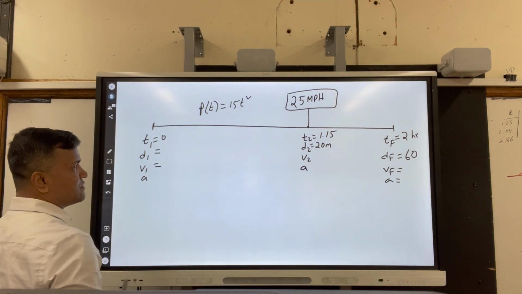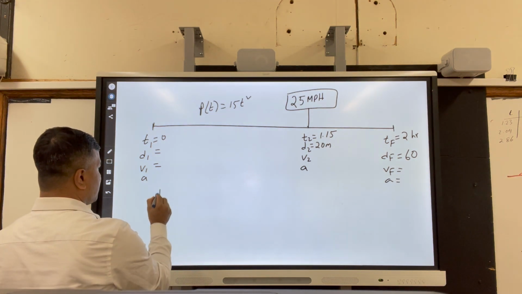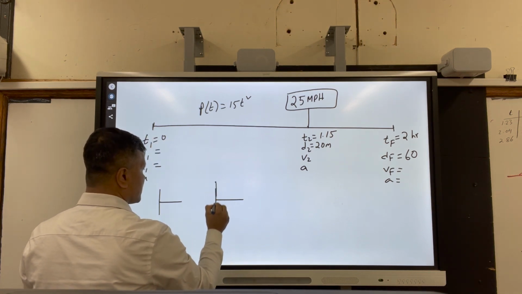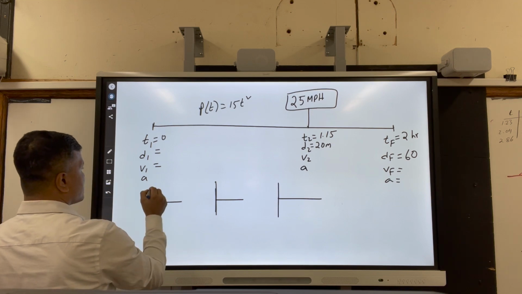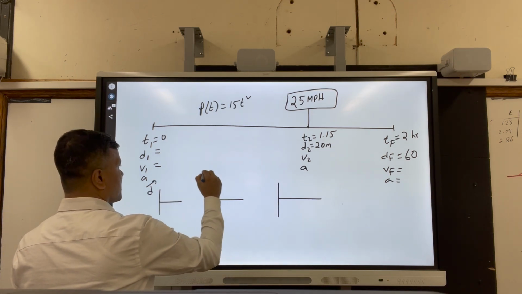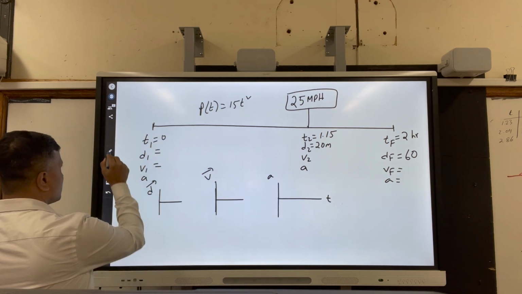Now I'm going to draw dt, vt, and at graphs. So now let's do dt, let's do vt, and let's do the at graph. This is displacement, this is velocity, and this is acceleration versus time. The dt would be very easy.